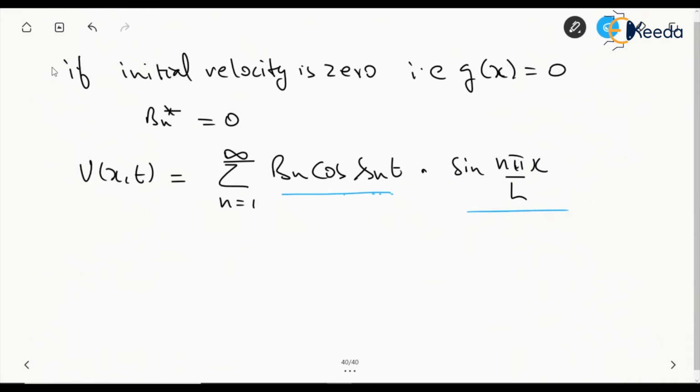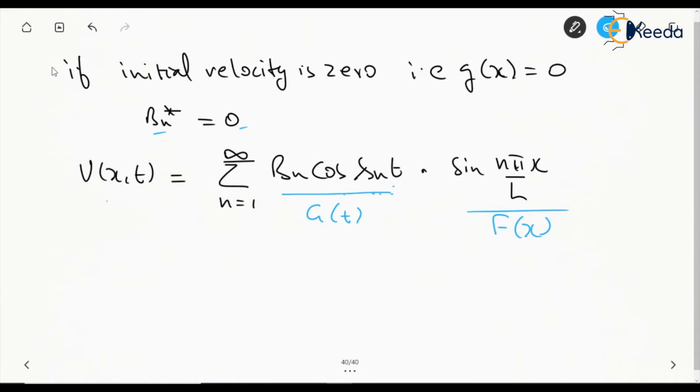So when bn star is equal to 0, u of x,t is limited to, this is coming from g of t and this is coming from f of x, because bn star becomes 0, so we are left with only bn cos lambda n t and then into sin n pi x by l.